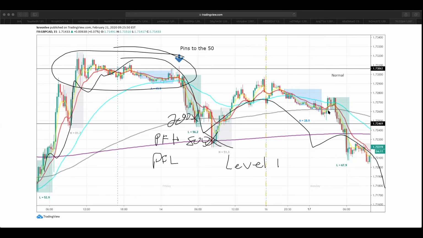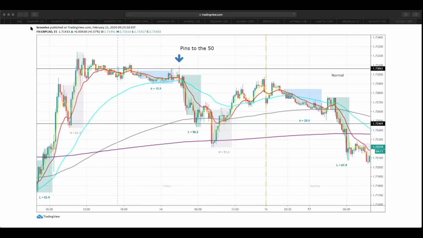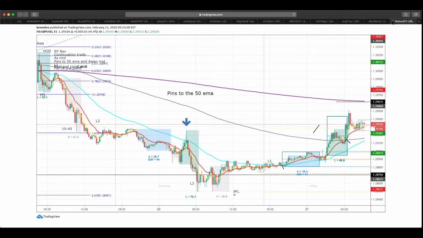As soon as the London session opened, it went up to the top of the range, right back down to the middle, and then took off. That went all the way up to the 800, then went sideways and ended the week. So if you want to look at another example, that would be a good one that just happened last Friday. Let's go to this one here.